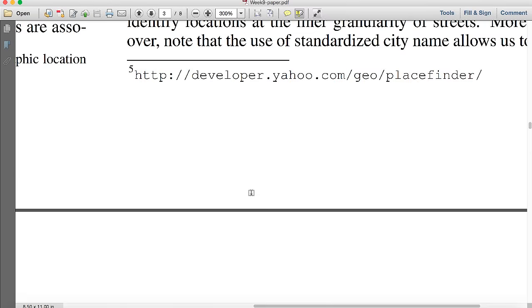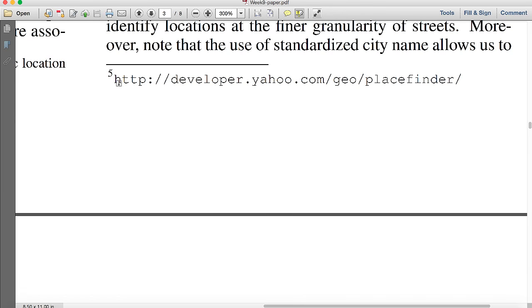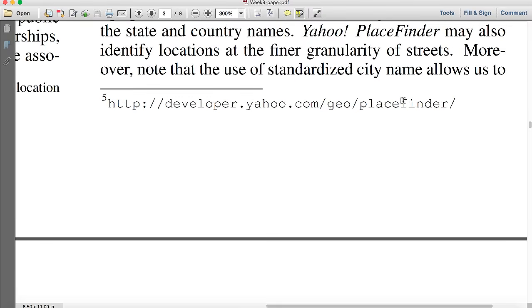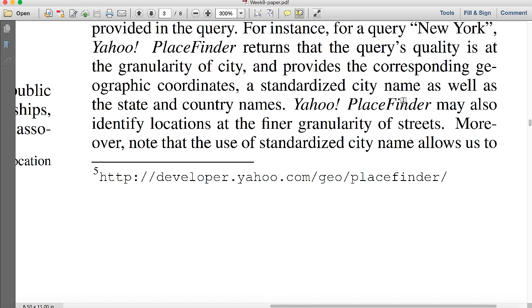Multiple tools were used, so let me just show you one of them, which is developer.yahoo.com/geo/placefinder. These kinds of tools let you reverse look up a place and find out where it is on the map. If you give them a location, it can give you the latitude and longitude, and even the other way around.